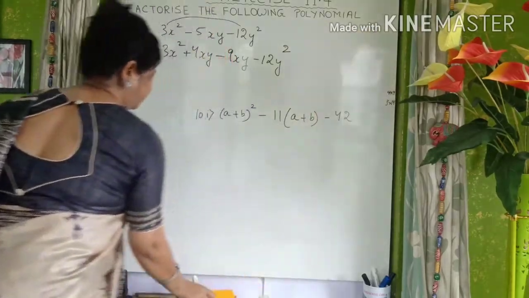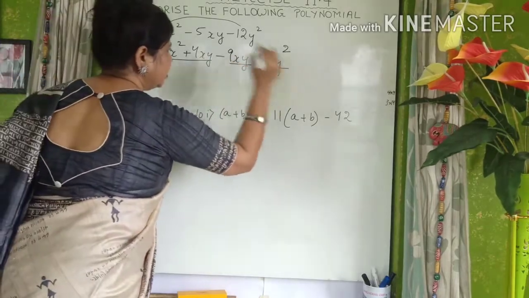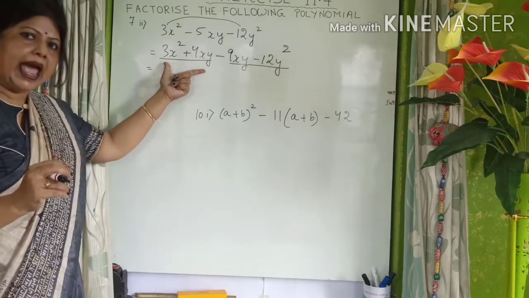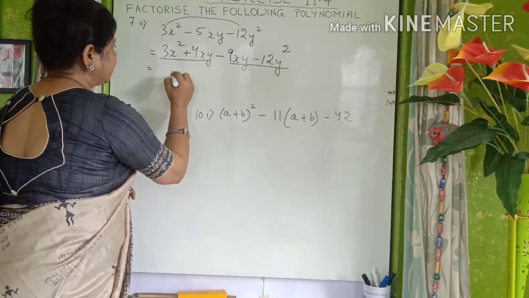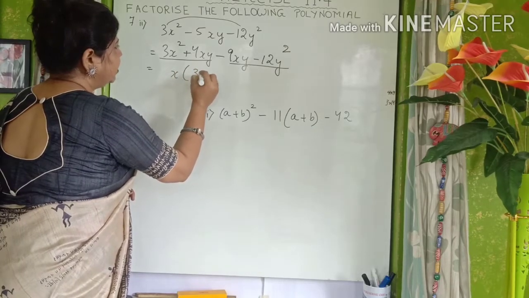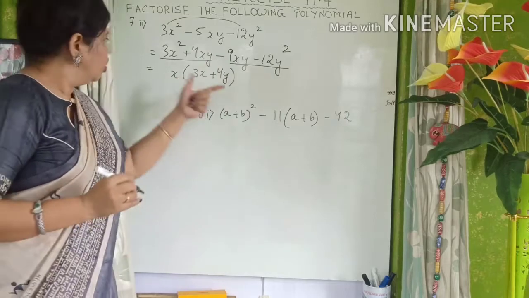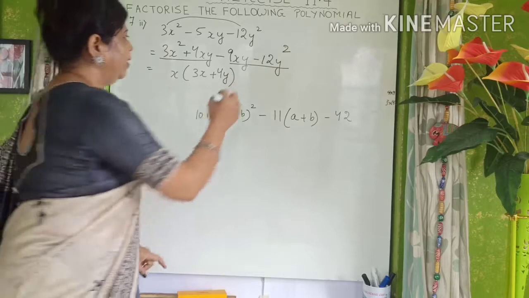Okay. Now let us solve. This is one group. This is the other group. What is common between 3x square and 4xy? The common is x. So x is common. What remains? 3x plus 4y.